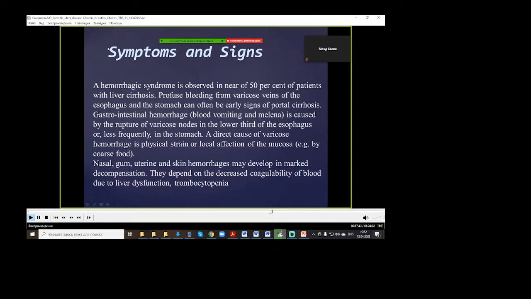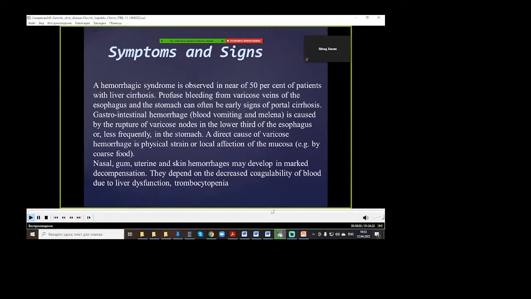Hemorrhage syndrome may also be observed in nearly 15% of patients with liver cirrhosis. Profuse bleeding from varicose veins of the esophagus and the stomach can often be an early symptom of portal cirrhosis and a symptom of portal hypertension.